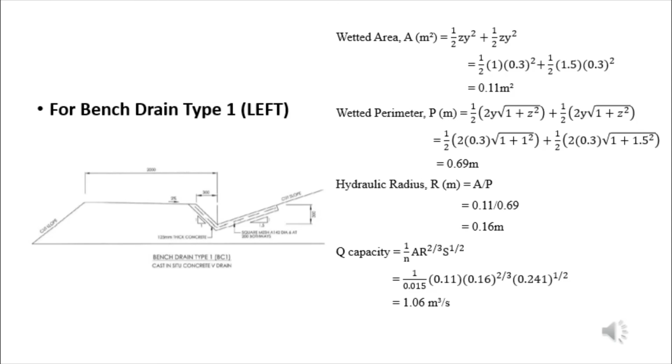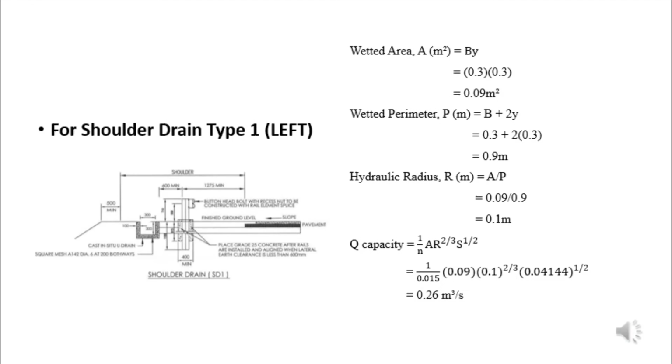For our bend strength, we only have the left side. Then we also need to find the wetted area, wetted perimeter, and hydraulic radius. Then we calculate the Q capacity of the left side for bend strength. Then the value is 1.06 meter cube per second. Then the next one is the left side shoulder drain. We calculate the wetted area, wetted perimeter, and hydraulic radius.